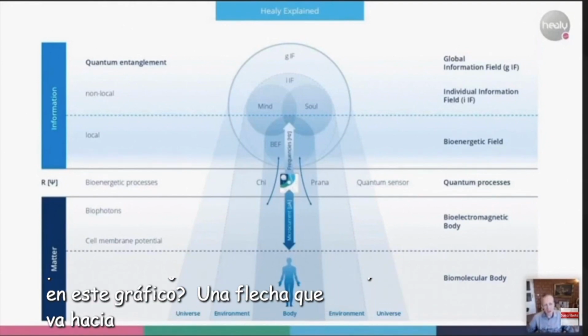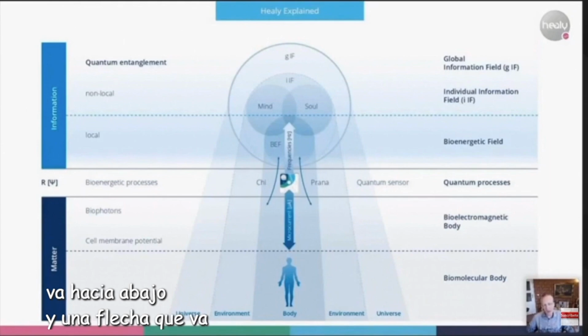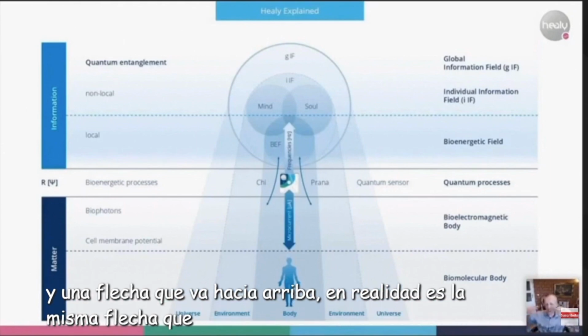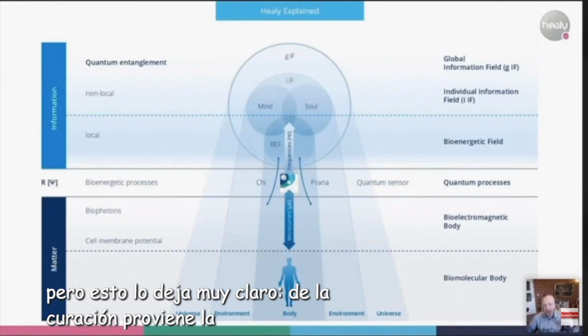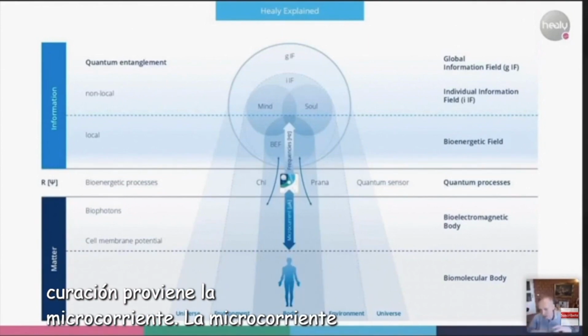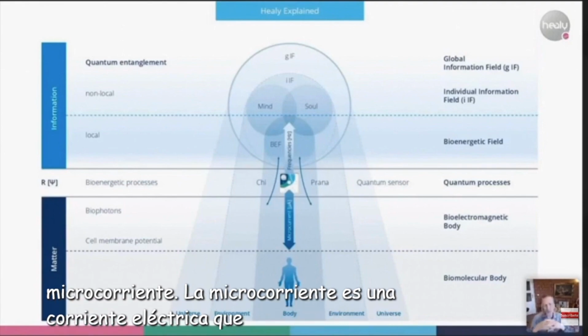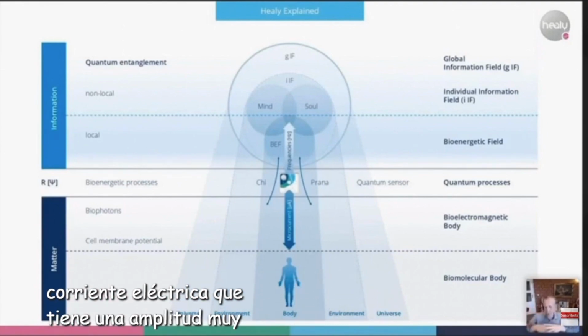And these two goals are very clearly shown in this graphic. There's one arrow going down and one arrow going up. It's actually the same arrow which has two directions, but this makes it very clear. From Healy comes microcurrent. Microcurrent is electrical current which has a very, very low amplitude.